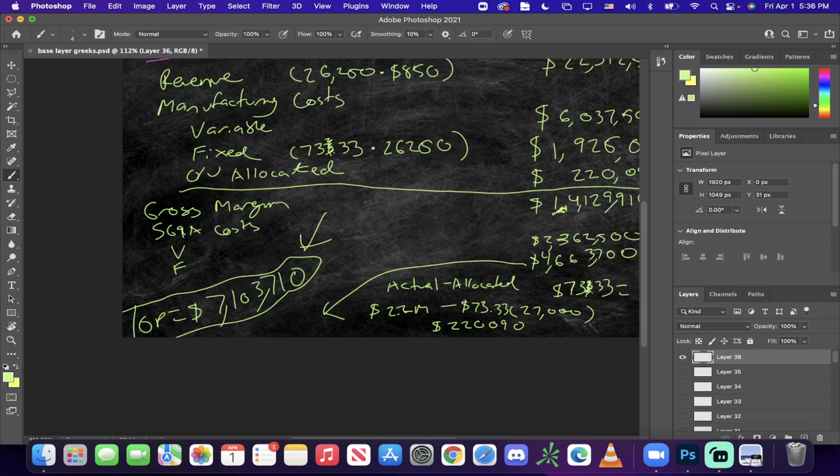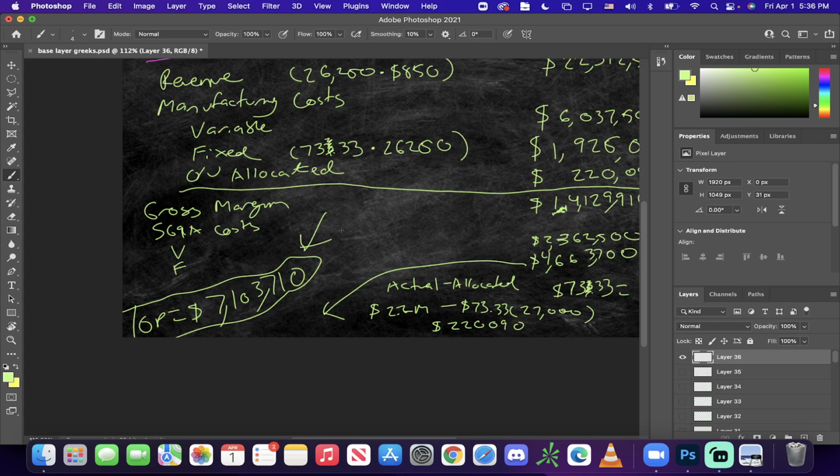So the actual manufacturing FC is the 2.2 million. Is the manufacturing FC the 1.925 million? Allocated has its own formula, right? It's going to be the planned amount per unit times units produced. You wrote the actual manufacturing FC minus the manufacturing FC over planned units times units produced.